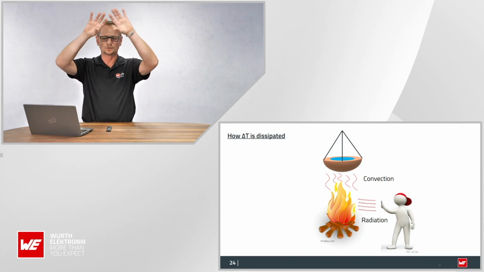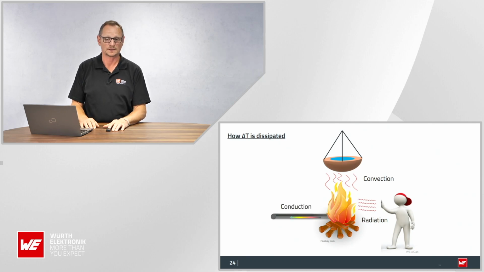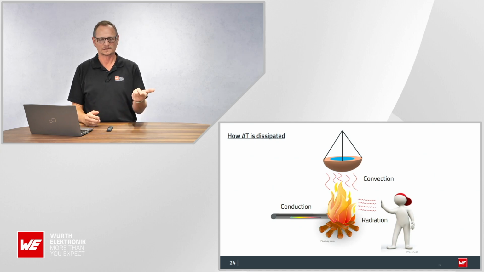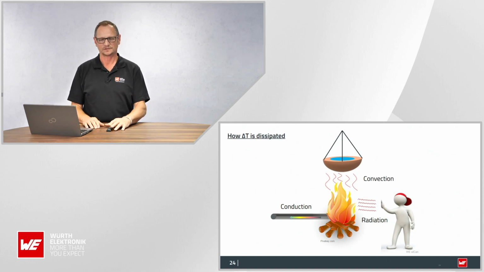On the top, it cools down, and it comes back to the ground. So it just goes more or less in a circle. And number 3 is conduction. If you have a massive material, then of course you have conduction that leads the heat somewhere else. Remember your frying pan, with a metal grip or with a wooden grip. So you can decide yourself which one you would touch and which one not.